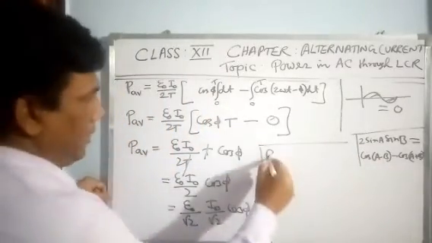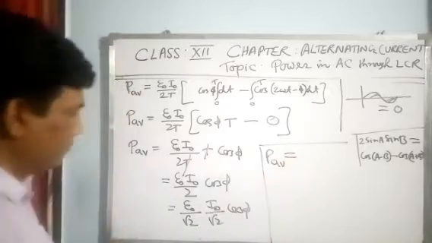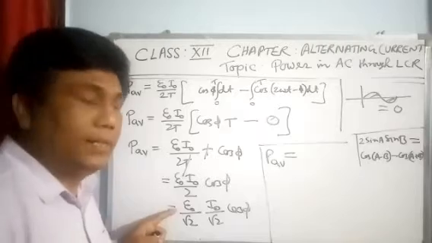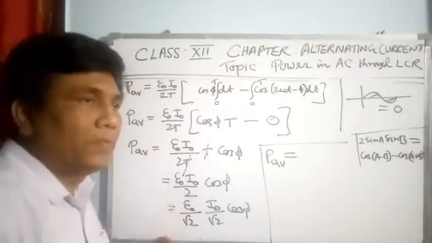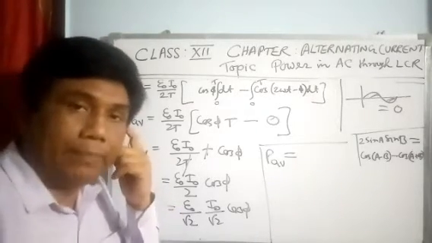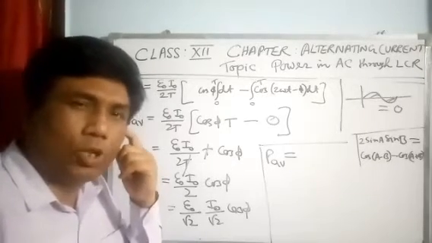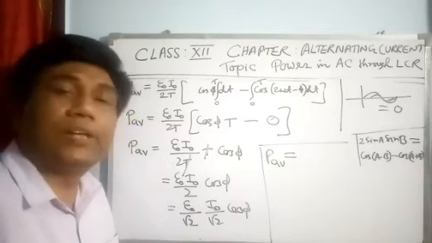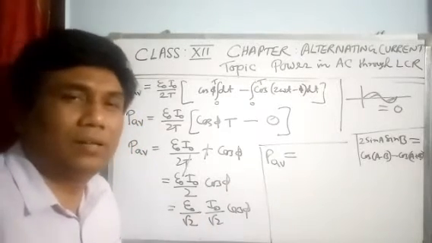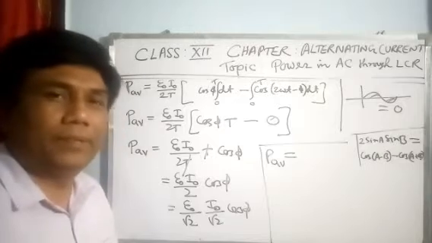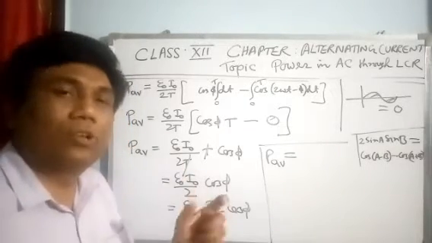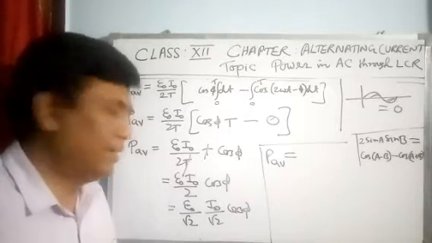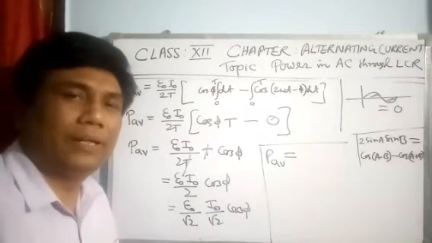Therefore, the voltage is varying sinusoidally, E equal to E naught sin omega t, and in that type of case the RMS value of E naught becomes E naught by root 2. In the first video I think we discussed this. The current is also sinusoidal, I equal to I naught sin omega t, so for that also the RMS value is I naught by root 2. For any sinusoidal function, the RMS value is the maximum value divided by root 2.